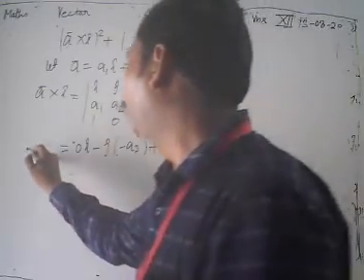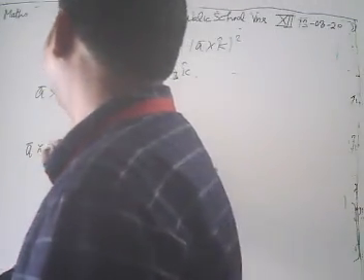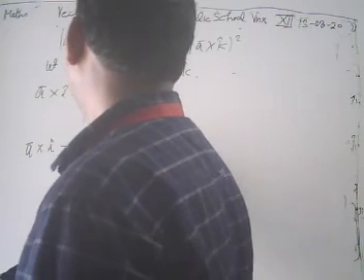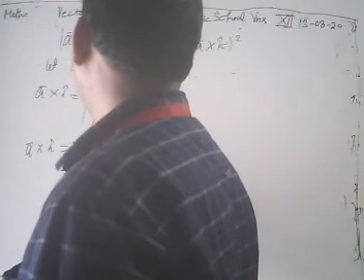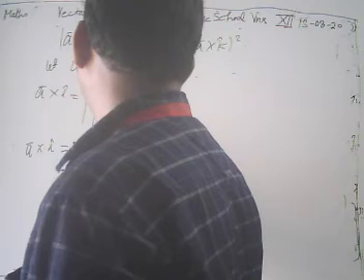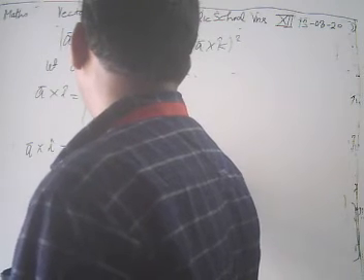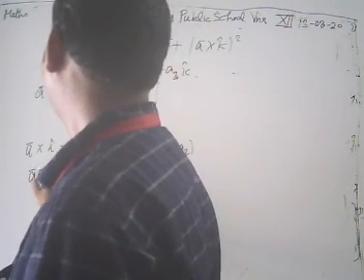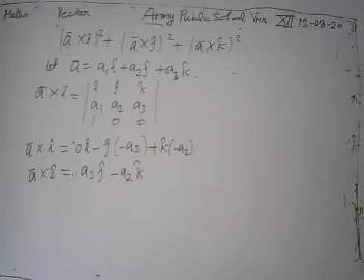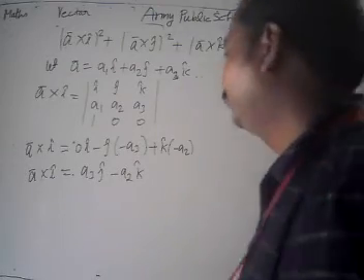Look, vector A cross i is given by A3 j cap and minus A2 k cap. Vector A cross i cap is A3 j cap minus A2 k cap.